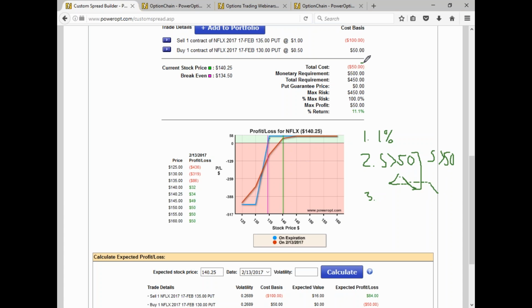I have investors that like to use the net credit. I personally don't, but it can be valuable. Your max return is 50 cents. If you don't want to lose more than 3 times, or 4 times, your max, you'd set a stop to liquidate this position if it was a debit of 150 or higher. Okay, so if it starts to move above 150, that might be your trigger point.